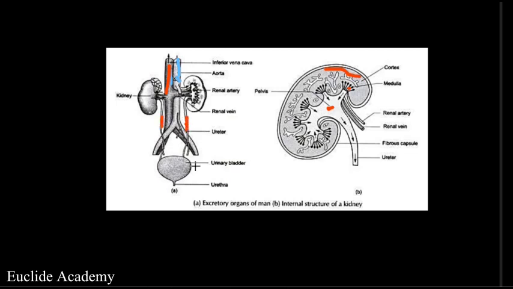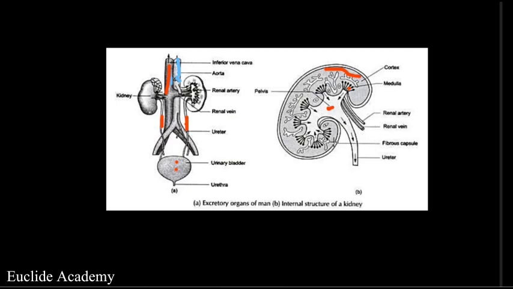So this is how the excretory system is structured with the kidney. Now I want to put an emphasis on the blood vessels that are working with the kidney. Let us look at another illustration of the kidney and the other main parts involved.